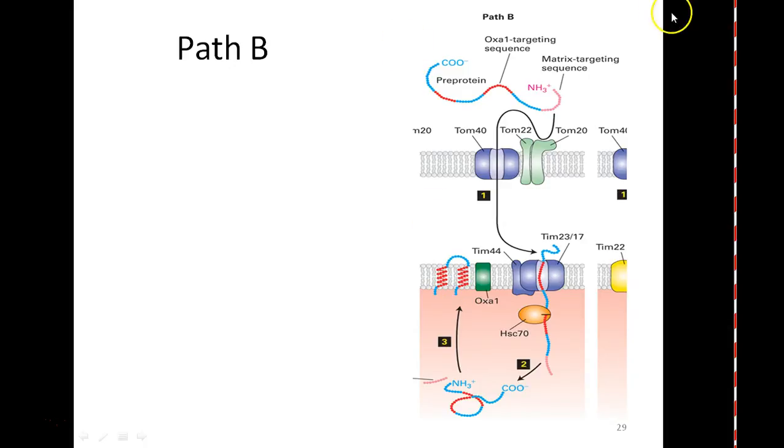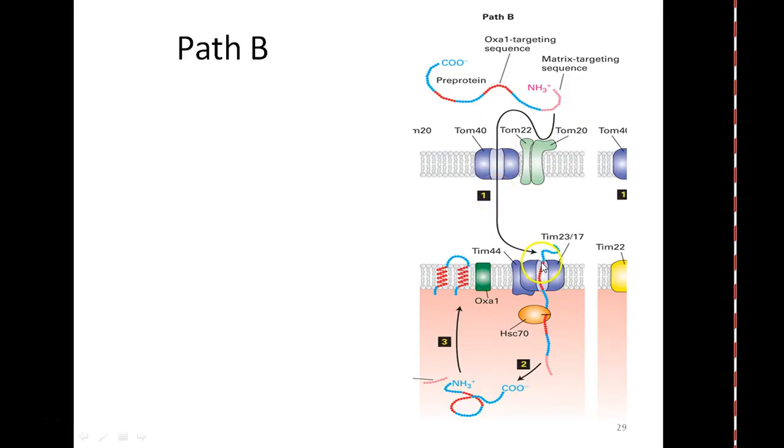Now we're going to talk about a different scenario, path B, and what's different here is that we have a special sequence. There's one more sequence, the hydrophobic segment, and it's called the OXA1 targeting sequence. So what's happening in this scenario?